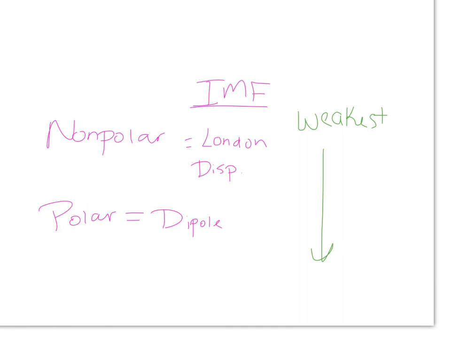London dispersion is the weakest IMF, but that's the only IMF that can occur for a non-polar molecule. If you have a polar molecule without hydrogen and without your FON series, so no H and no F, O, or N, it's going to be considered dipole, and think of it like the second one down. It's a little bit stronger than London, but not as strong as hydrogen.